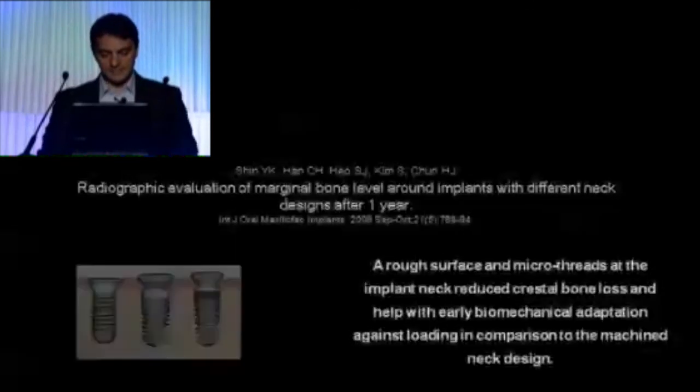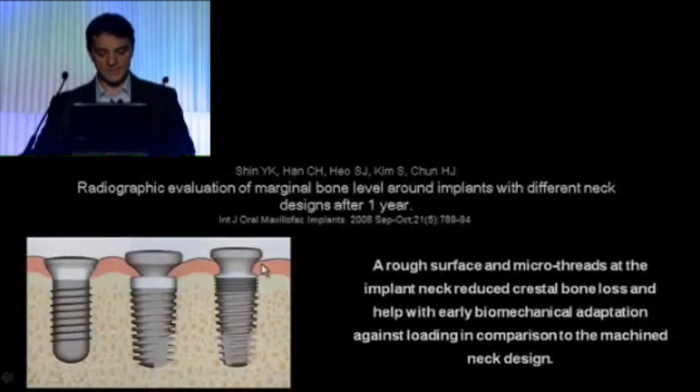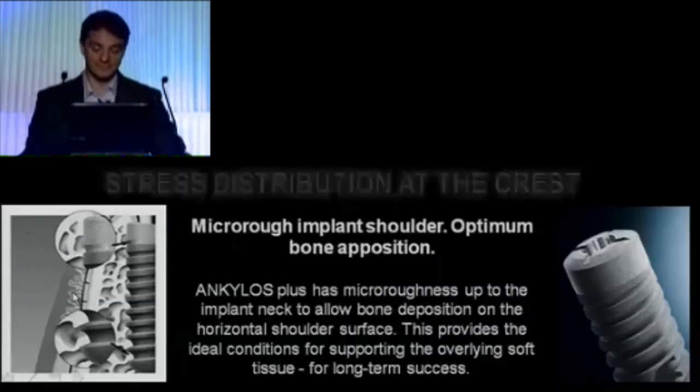And again, they did a human study comparing 3 different geometries: a multi-thread, microthread design at the neck, a smooth neck, and a rough surface up to the neck. And they concluded after 1 year of observation that you lose more bone when you have a smooth neck, and you have reduction of bone loss with the microthread and rough surfaces.